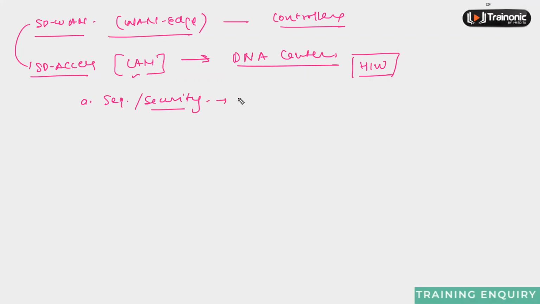We can use the VLANs or the ACLs to create the segmentation or to control who can talk to whom and what services can be accessed by the user. Now, as we discussed in the last videos, using VLANs to perform the segmentation or using access control lists to control the security in your infrastructure might not scale very well.